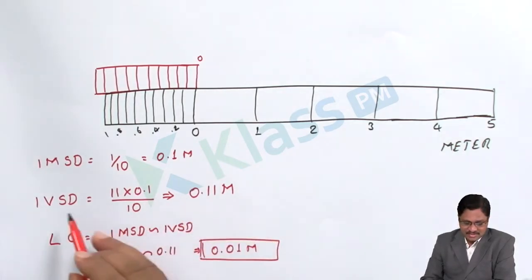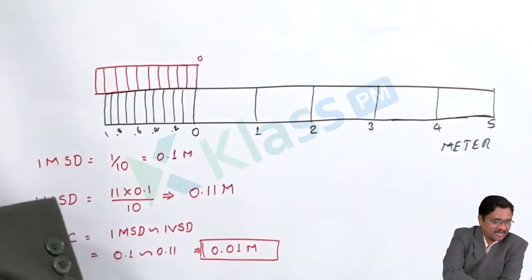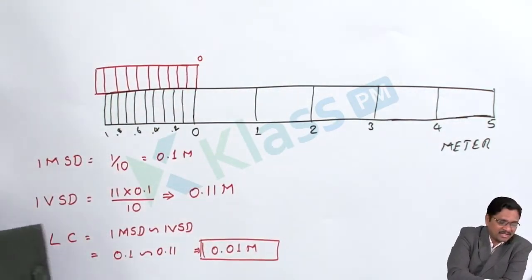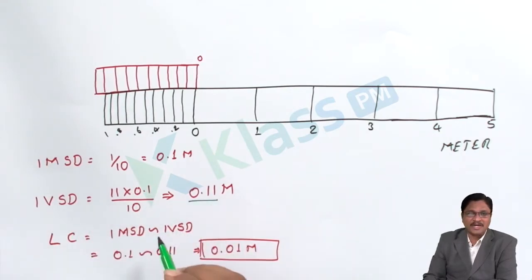Now that you have the value of 1 VSD, please establish the values for each division. One Vernier scale division is equal to 0.11.